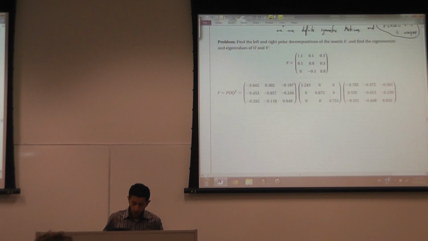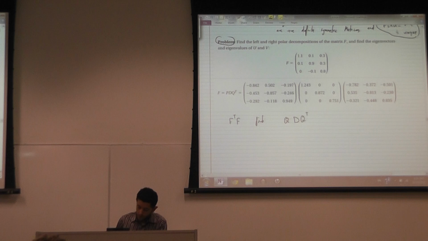Okay, so you have an example in your book in which, given any matrix with the determinant of F greater than 0, you can try to do it by hand. To do it by hand, you need to find F transpose F, find the eigenvalues and the eigenvectors. So find Q, the diagonal matrix, Q transpose, take the square roots, so U squared, which is equal to F transpose F, and then U will be equal to Q and the square roots.